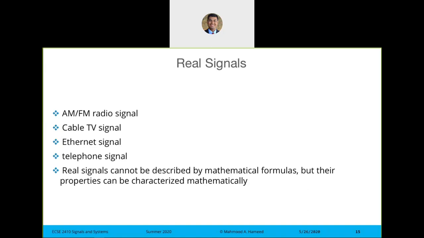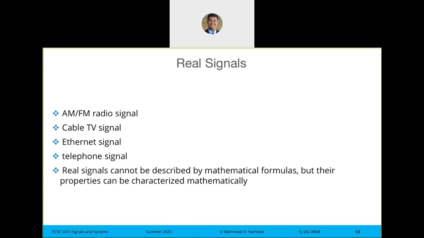Yeah, the signal to your cable TV, the signal that is being received and transmitted by your cell phone, the signal that is coming to your laptop through an Ethernet cable or from a Wi-Fi signal, the telephone signal, all these are realistic signals. But the point is this: real signals cannot be described mathematically.